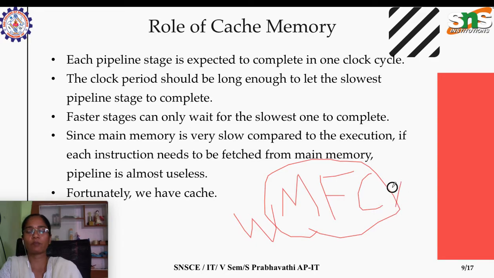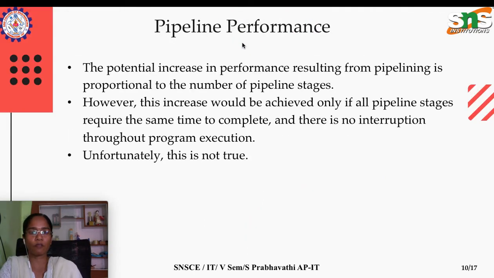This MFC could be avoided and we could achieve fast operation. So for processing at high speed, we go for cache memory, and instruction execution happens by fetching the instruction from the cache memory. And moving on to pipeline performance.